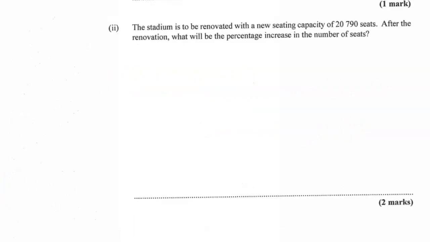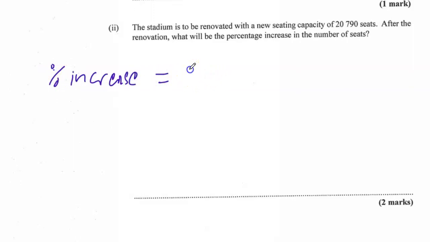So next, we're told that the stadium is to be renovated with a new seating capacity of 20,790 seats. After the renovation, what will be the percentage increase in the number of seats? So the percentage increase will be the difference.